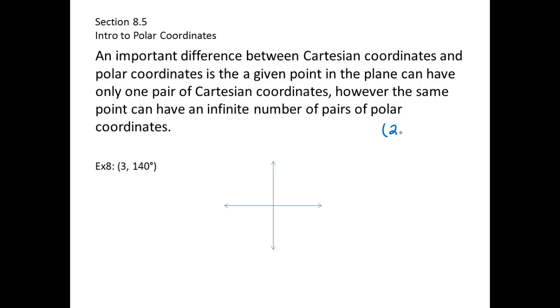For example, if I give you 2, 5, there's only one place that can be described as 2, 5. If I start changing 2, 5, it's no longer the same location. This is not true with the polar coordinates because they can have an infinite number of pairs of polar coordinates.